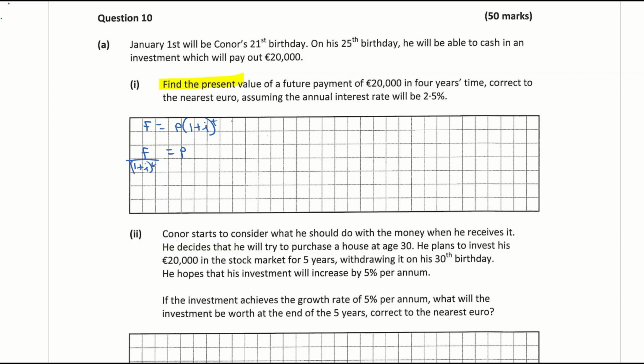If we come over now and sub in what we know, the present value is going to equal F, the future amount, which is €20,000, over 1 plus i. 2.5% divided by 100 turns it into a decimal, 0.025. So that's 1 plus 0.025 to the power of 4 years.